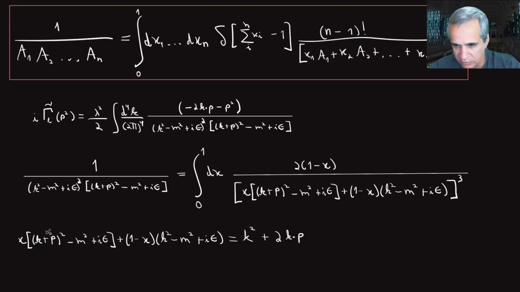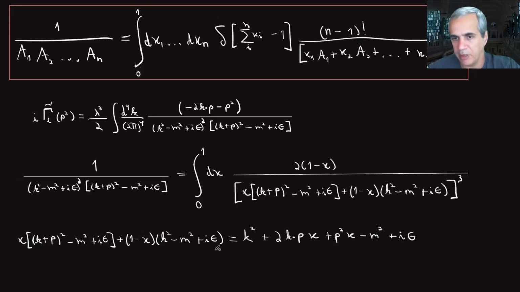The part that is just p squared. Oops, oh, there's an x squared here. And then p squared x. The part that involved k squared x canceled against this one, right? And the same for the mass times x and i epsilon times x. So now I'm just left with the part that is 1 times this, which gives me k squared minus m squared plus i epsilon, right? So that's the expression for this denominator.